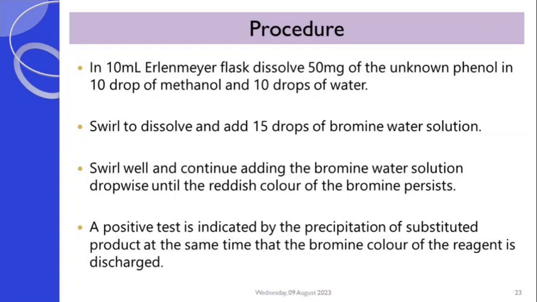After you have added your bromine water, swirl again and you continue to add the bromine water solution until you achieve a reddish color that would be consistent. This should indicate a positive test. Once you have the positive test, then you know that there is the presence of aromatic alcohol or phenol in your sample.